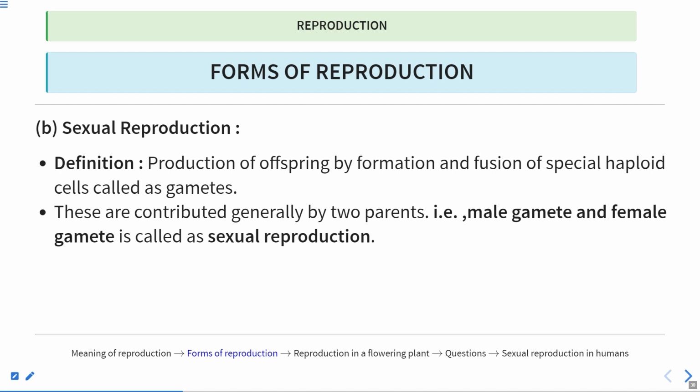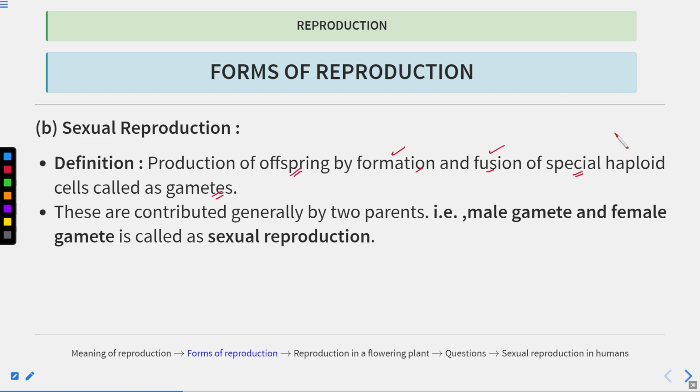We'll talk about sexual reproduction in flowers first. So let's start with the definition of sexual reproduction. Sexual reproduction involves the production of offspring, or the young ones, the progeny, by formation and fusion of special haploid cells known as gametes. First there is the formation of the gametes, and after that there is fusion of these gametes.